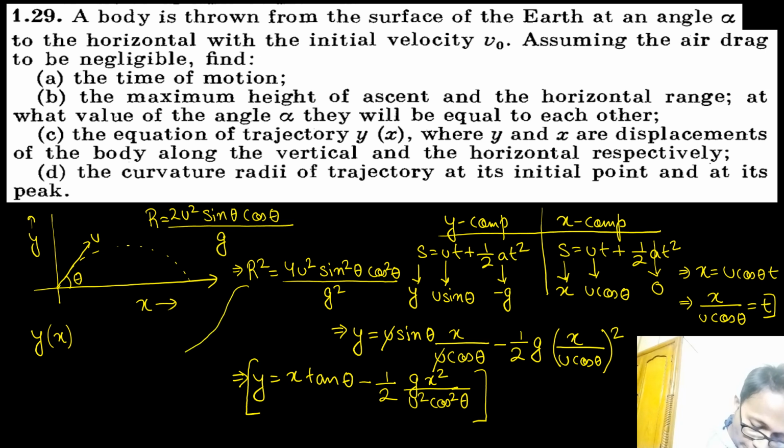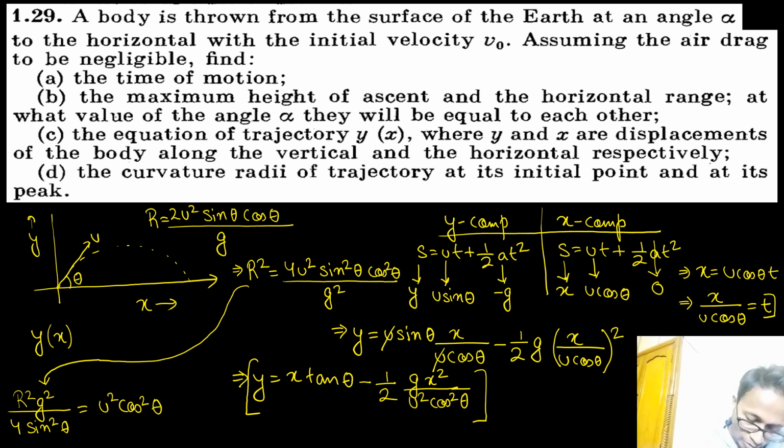Okay, so can I take u square cos square theta? I'm writing this equation here. Okay, or R square g square by 4 sine square theta is equal to u square cos square theta.